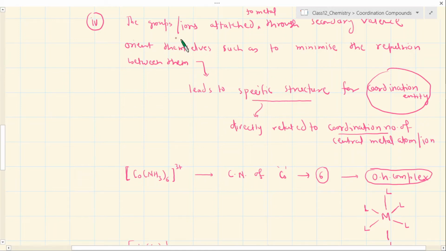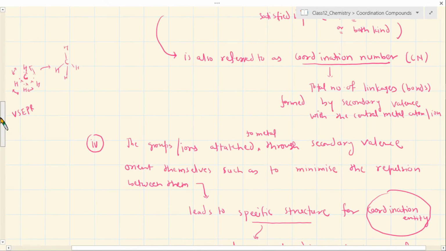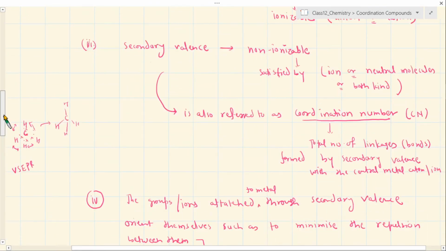Why is that so? Because all the groups or ions attached to the central metal in a given complex compound will orient in such a way as to minimize repulsion. This will invariably lead to a certain specific structure, correct? So he proposed this. This was a part of his theory.